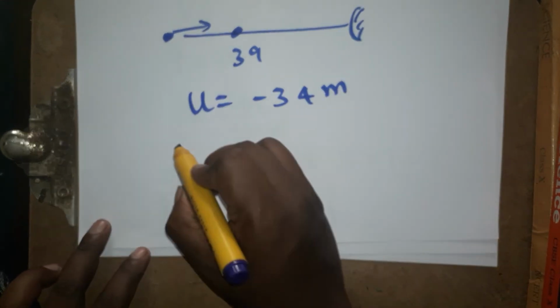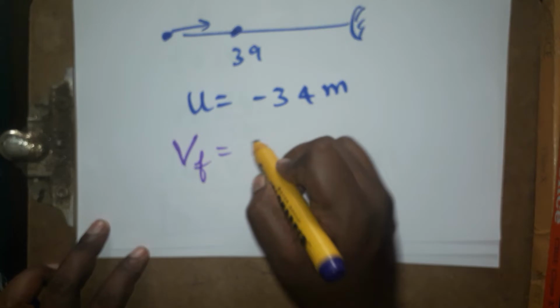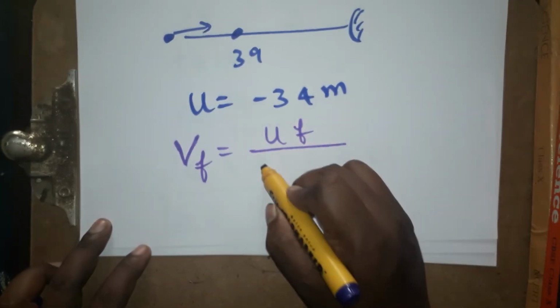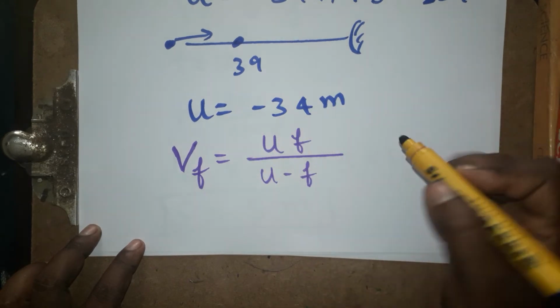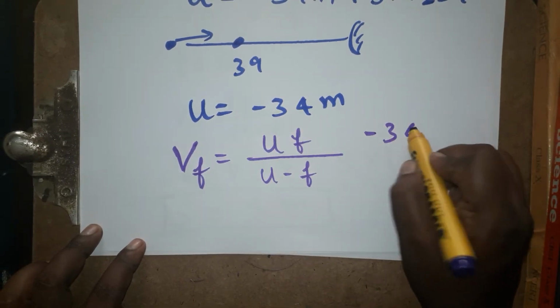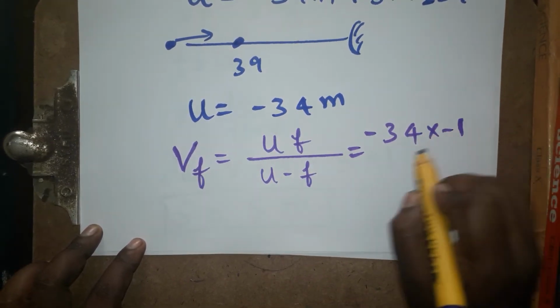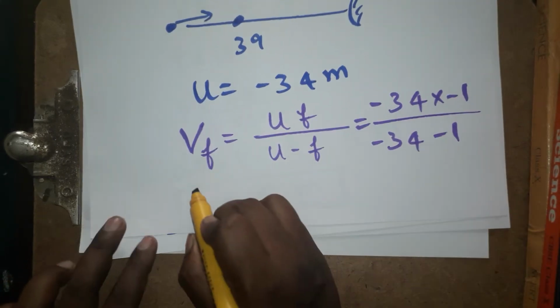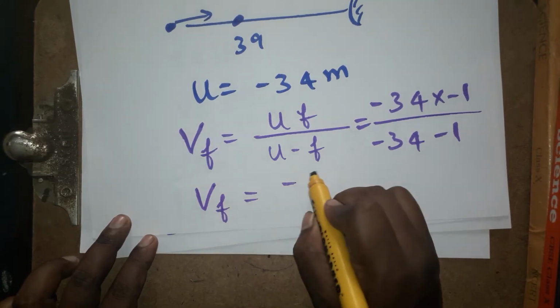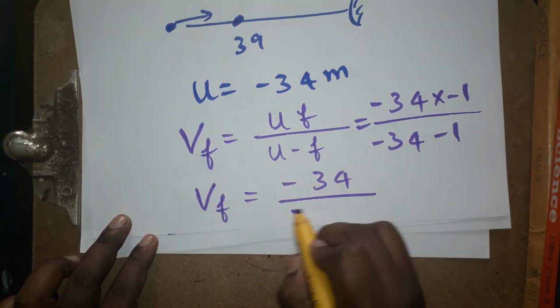Now what is v final? v is equal to u into f divided by u minus f. Now what is u? After 1 second the u is changed. So minus 34 into minus 1 divided by minus 34 minus 1. So I will get v final is equal to minus 34 divided by minus 35.